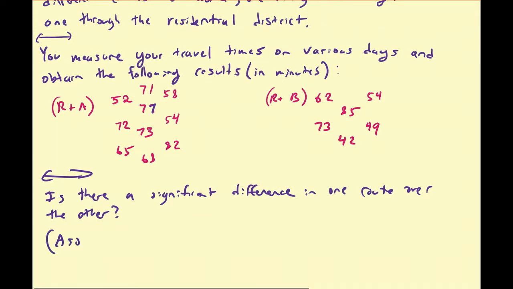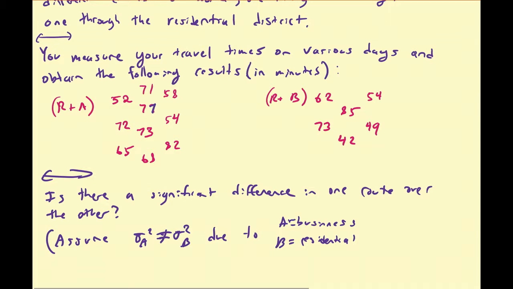And we're going to assume that variance A does not equal variance B, due to A being a business route and B being a residential route. So it's safe to assume that the variation between these two routes is going to be completely different.